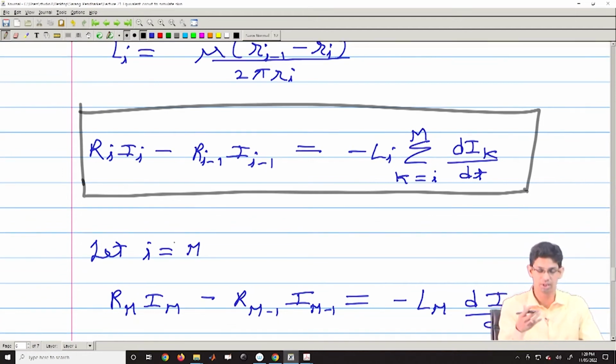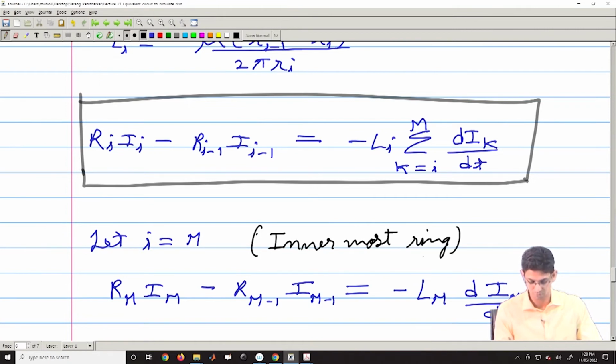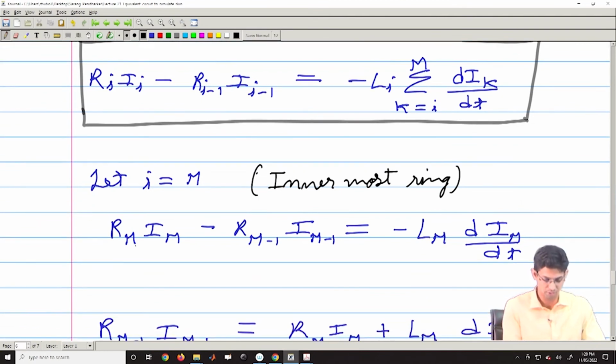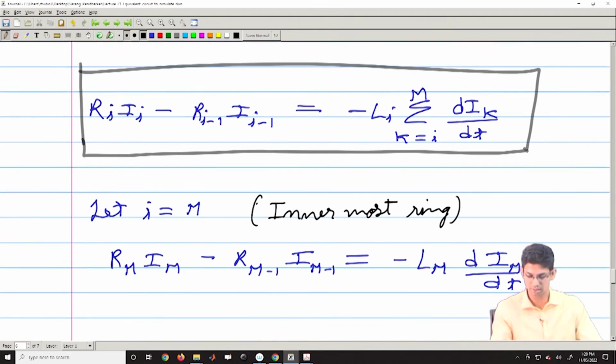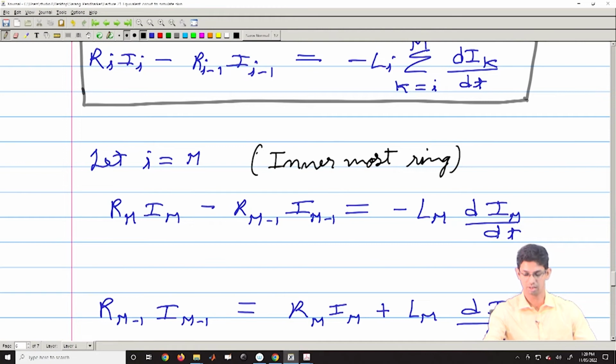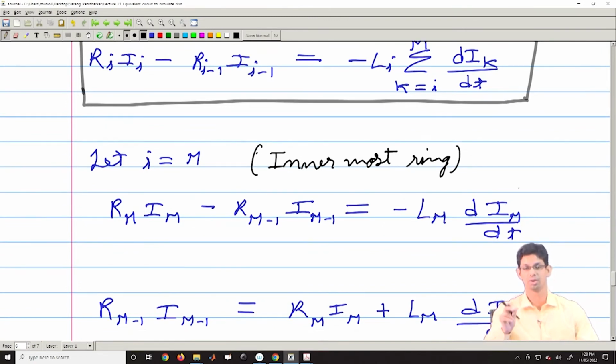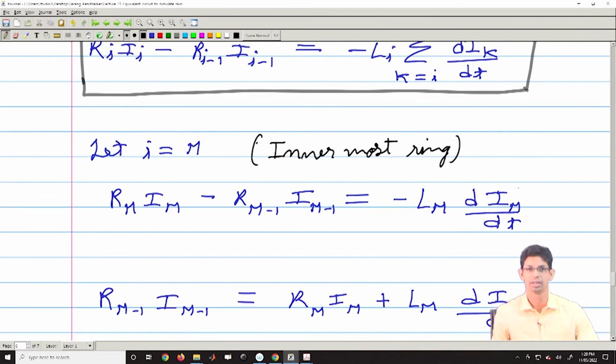For the innermost ring, I will have R m into I m minus R m minus 1 I m minus 1 is equal to minus the inductive term. Here the summation would be just the first current only, because K is equal to m, so you have only one current. The summation is not there in this. This will be our starting point from where we will start building the circuit.